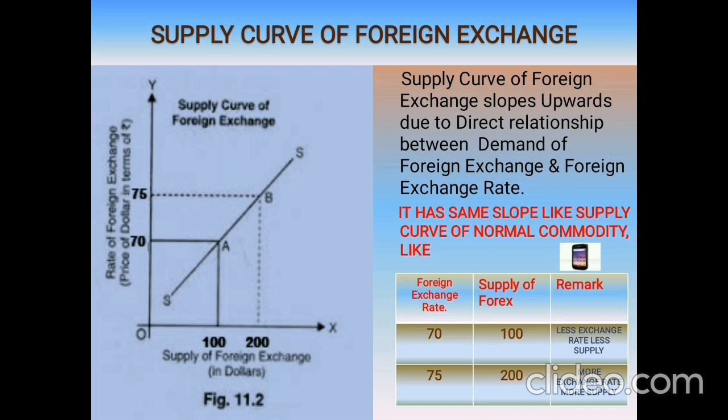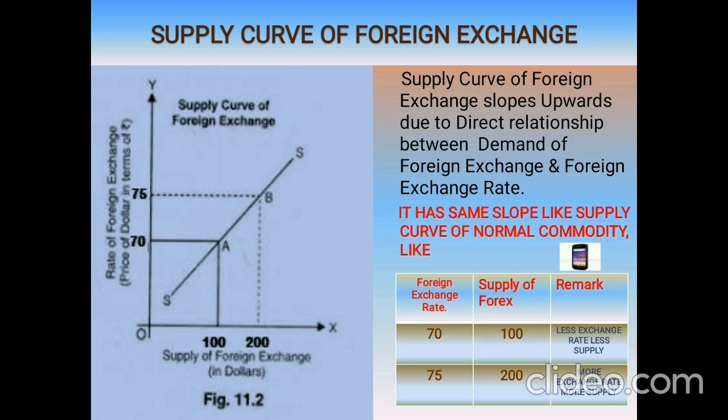We can take up the schedule. Foreign exchange rate 70, supply of foreign exchange 100. Less exchange rate, less supply. When it goes to 75, the supply of foreign exchange goes to 200 units. More exchange rate, more supply. So we understand about the demand of foreign exchange and supply of foreign exchange.